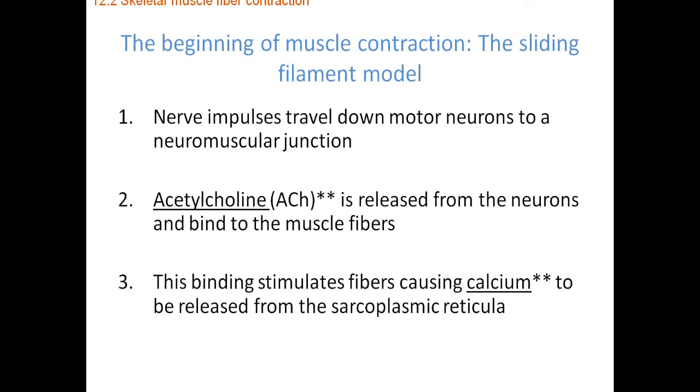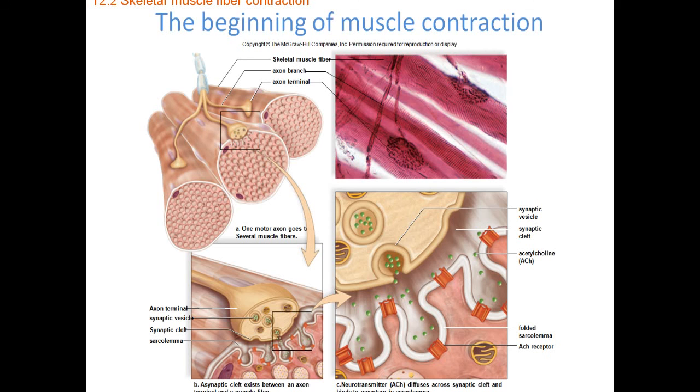Okay, so the way that this happens, it's called the sliding filament model. So the first thing that happens is a nervous impulse is going to travel down a motor neuron, and it's going to go to this place called the neuromuscular junction. So if I show you on here, here's a muscle, here's the neuron coming in, and coming off of the neuron are these axon terminals, these end pieces.